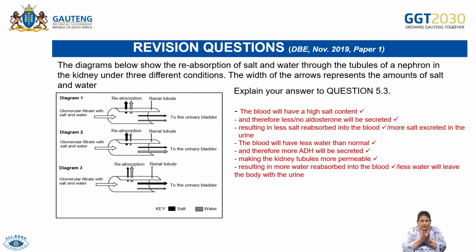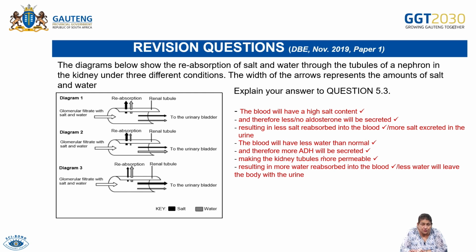If he's already got a lot of salt in the blood, there's no need to reabsorb more salt. There's a need to excrete more salt to the bladder. So the blood will have high salt, therefore no aldosterone will be released, resulting in less salt being reabsorbed into the blood, and then more salt will be excreted in the urine.